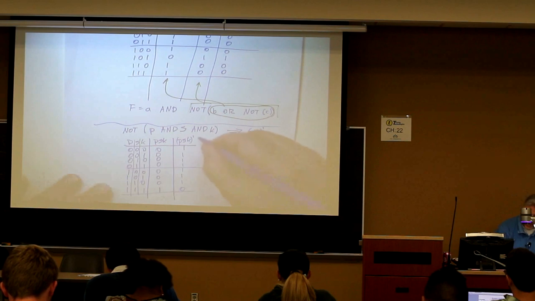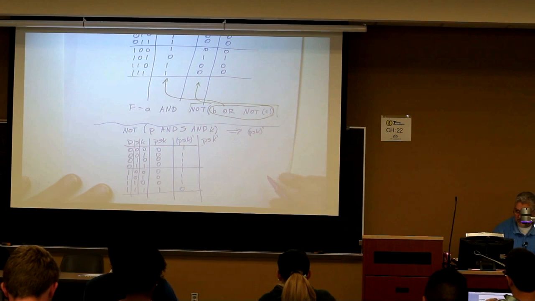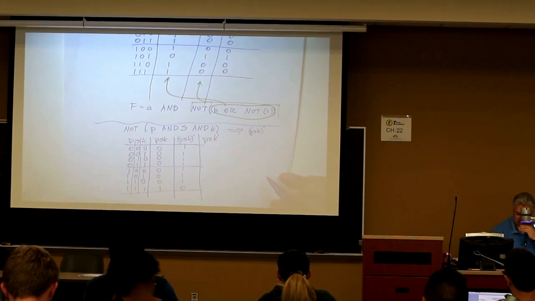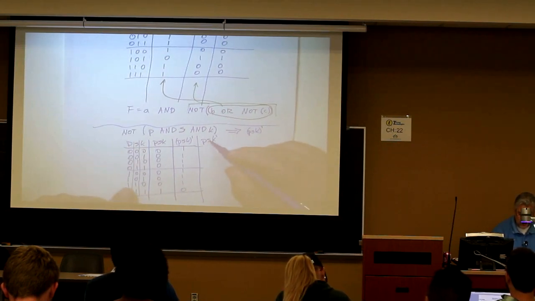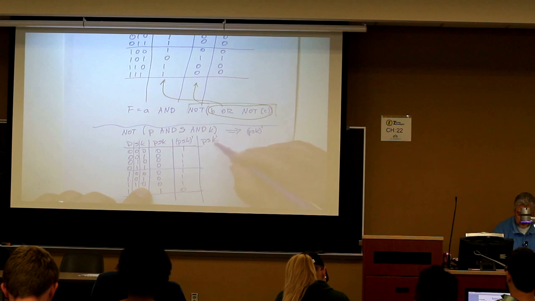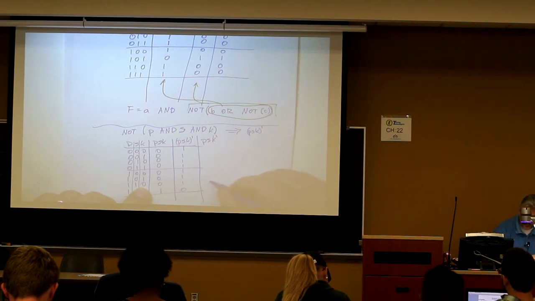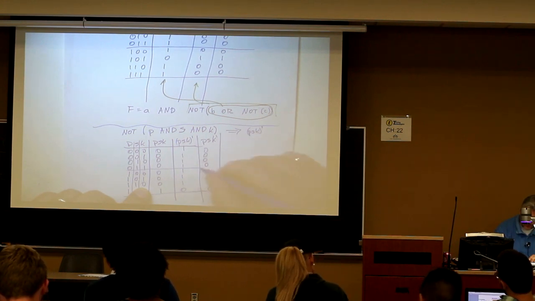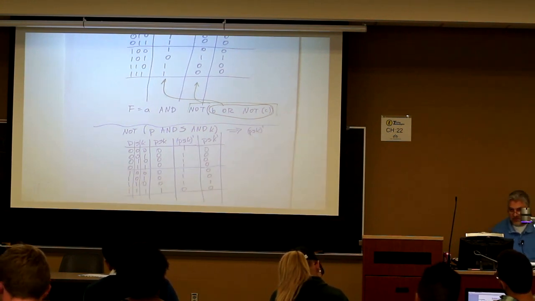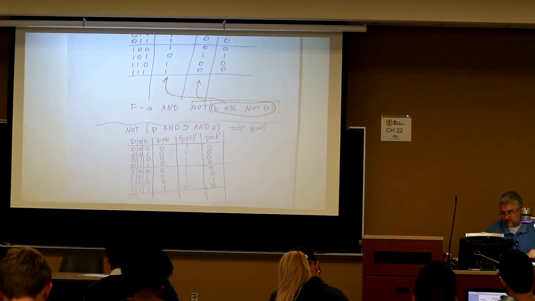And if you made the mistake and you said PS not K, that would be looking at the situation where P and S is 1 and K is 0. So in that case, this is 1 and everything else is 0. Does that make sense? That would be interesting.